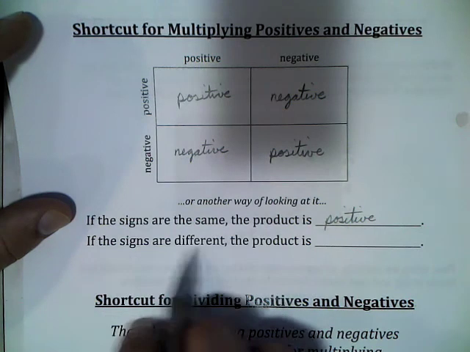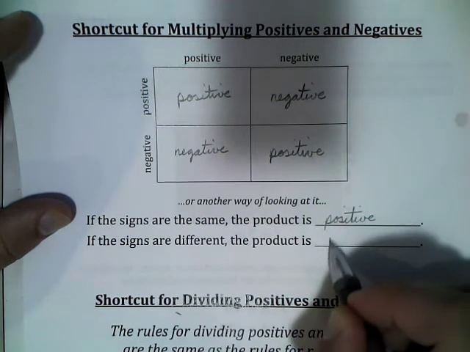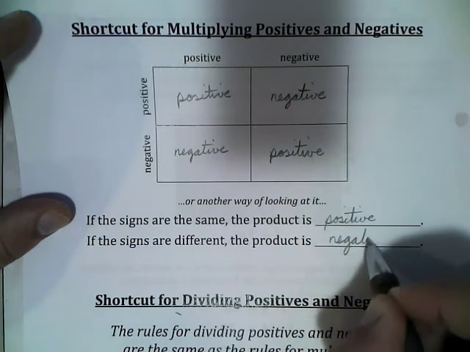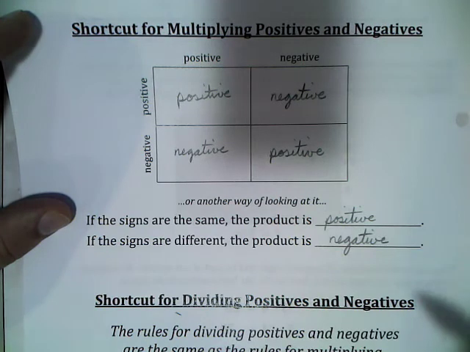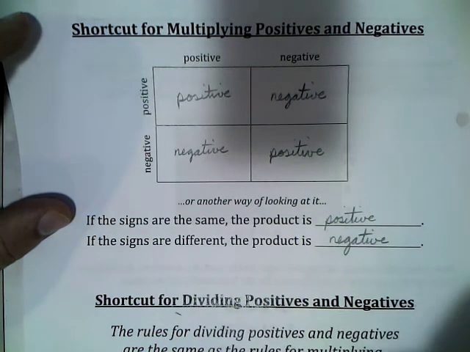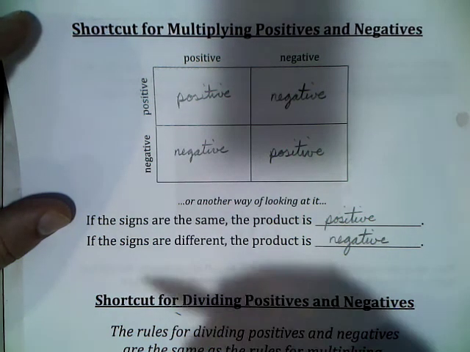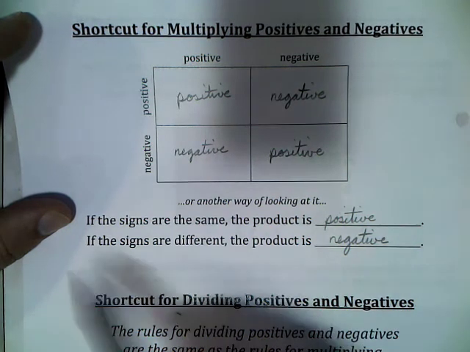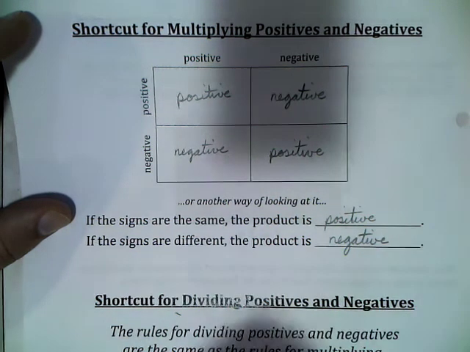However, if the signs are different, that means there's going to be an uncanceled negative there, which means the product is negative. So in the end, ladies and gentlemen, if you're not quite following the whole canceling thing, the shortcut here is, if you can memorize these two statements, you got it.